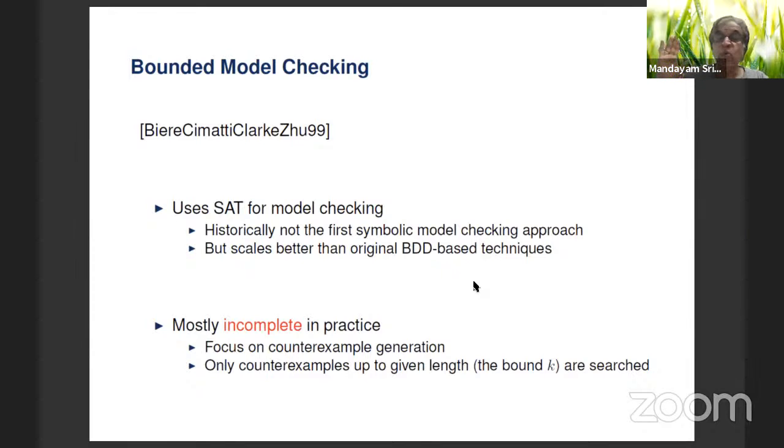They continue to improve in their scalability to real problems, and so people started looking at whether SAT solvers could be used. They still found that existential quantification elimination was a problem, and therefore people started thinking about alternative approaches for how you could use a SAT solver in model checking.